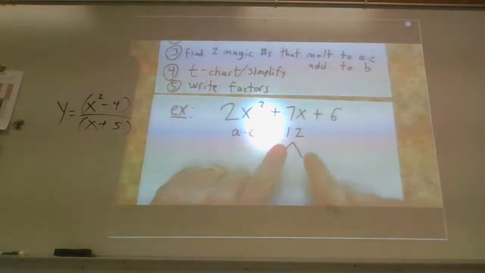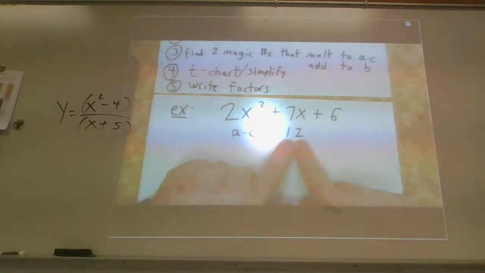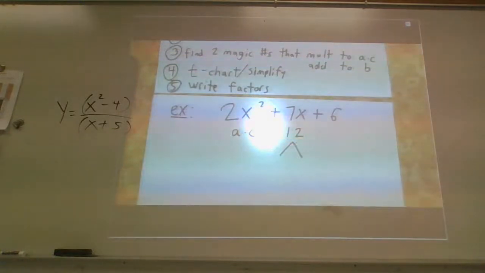You have to find 2 numbers that multiply to give you what you just got from the previous step. 2 numbers that multiply to 12, which you have a lot of options for, but at the exact same moment, those 2 numbers also have to add up to the B value. Doesn't matter what order you give them to me in.